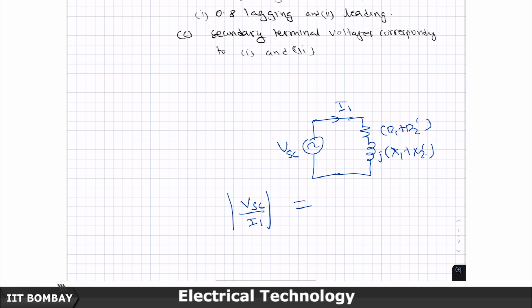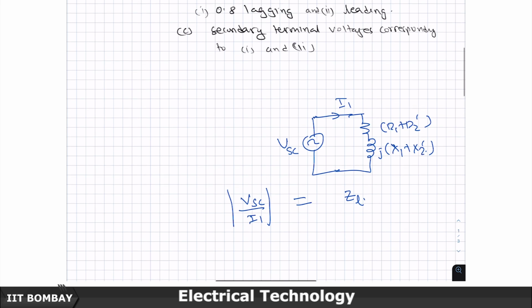I will basically get the impedance Z, I will just call it Z leakage of the transformer, mainly because it consists of leakage. In other words, VSC will be I1 ZSC. You just take the product of the magnitudes and you will get this VSC.